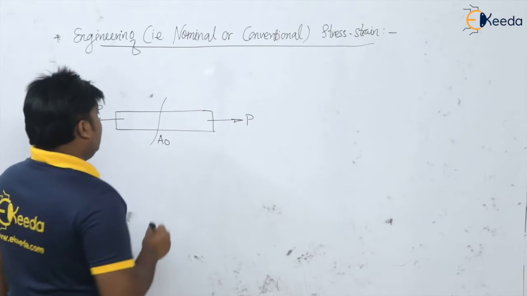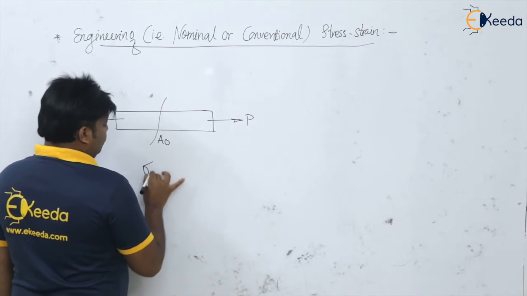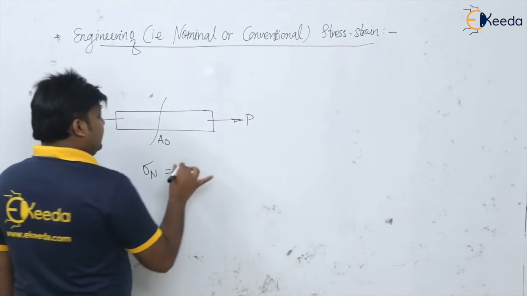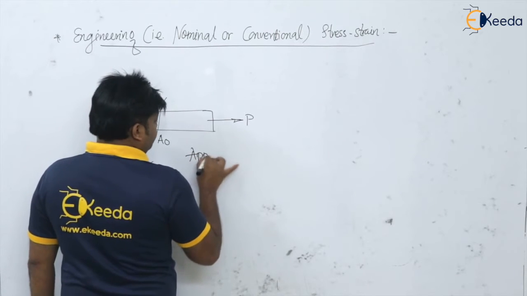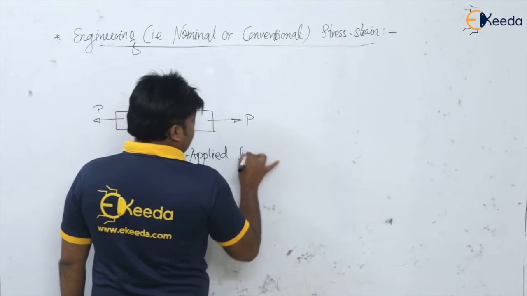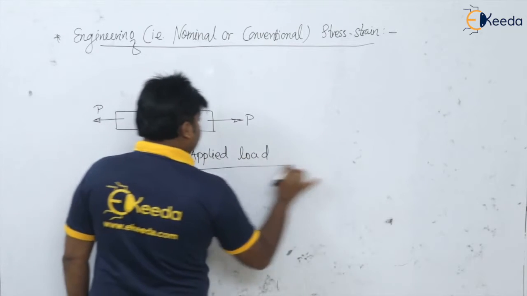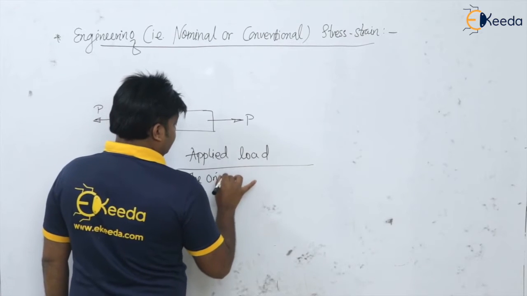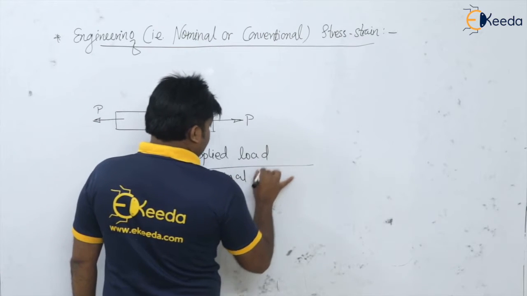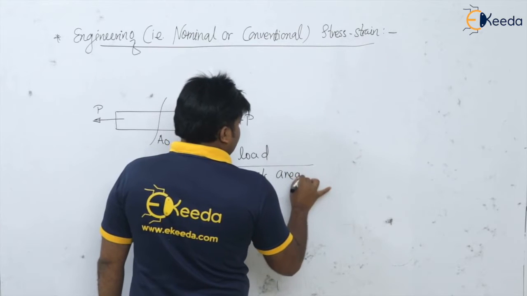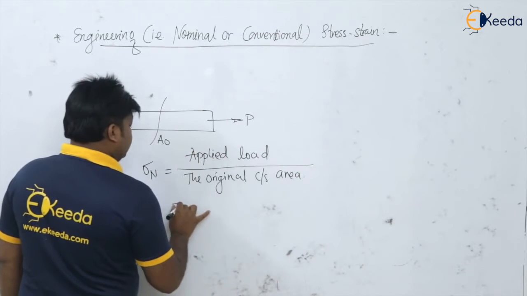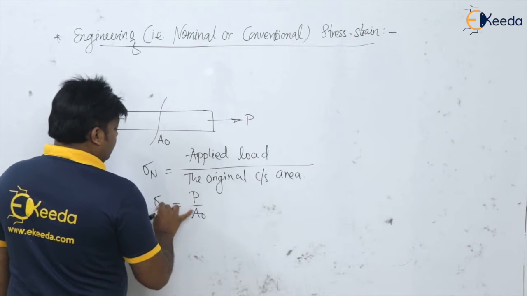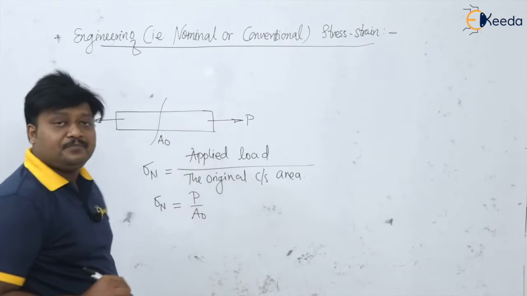So here, when in the calculation of the stress, sigma n is the nominal stress, we are using the applied load divided by the original cross sectional area, then that stress is known as the nominal or engineering stress.